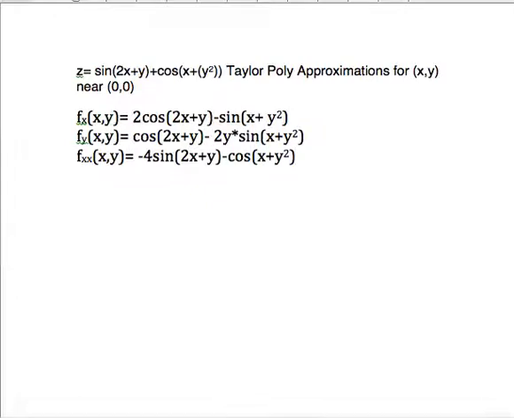Moving on, we're going to do f of y, y of y. So we are going to take the partial derivative of y of f of y, which is this function right here.